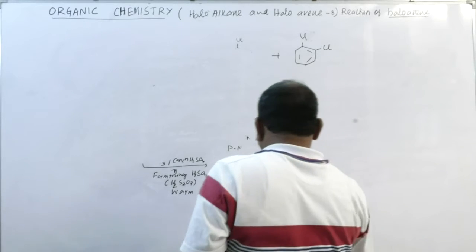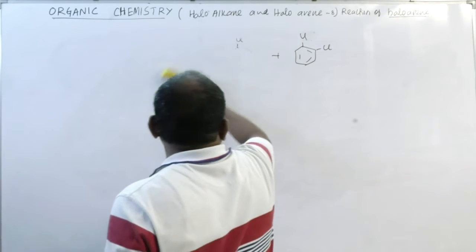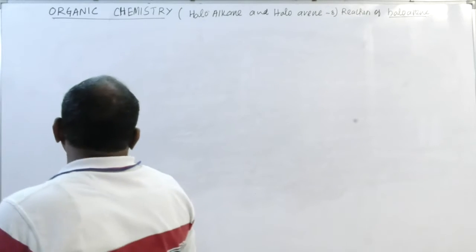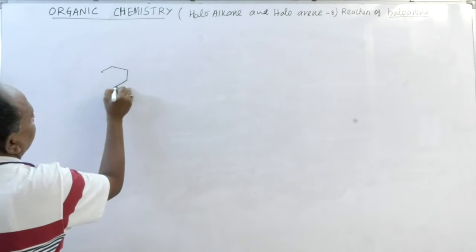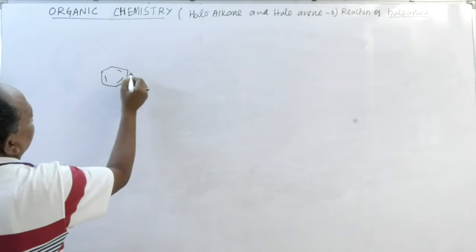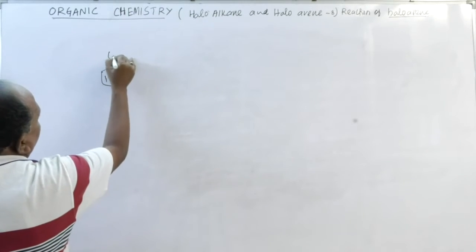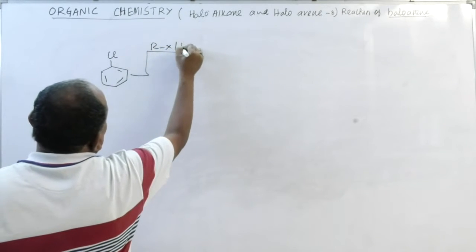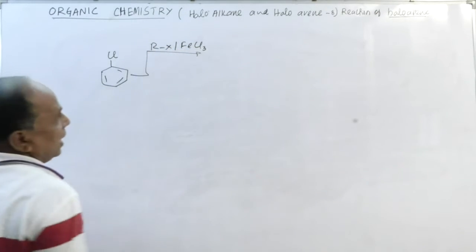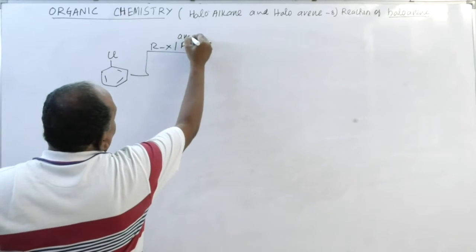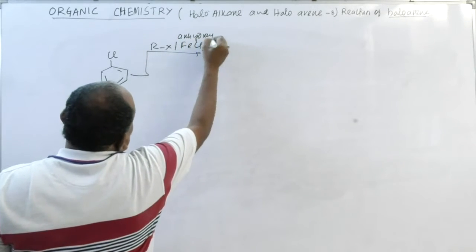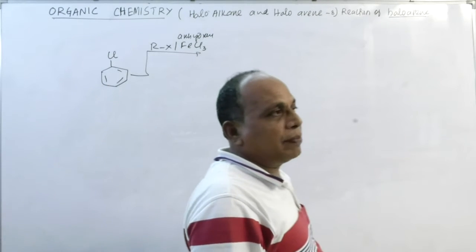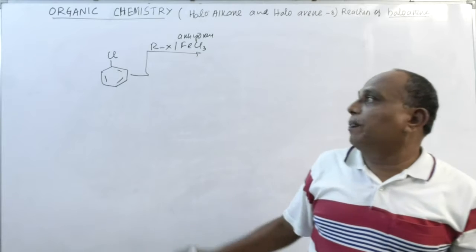Another electrophilic substitution reaction is the Friedel-Crafts reaction. So chlorobenzene is treated with RX in presence of anhydrous ferric chloride. The hydrogen atom of the benzene nucleus is substituted by the electrophile R plus.